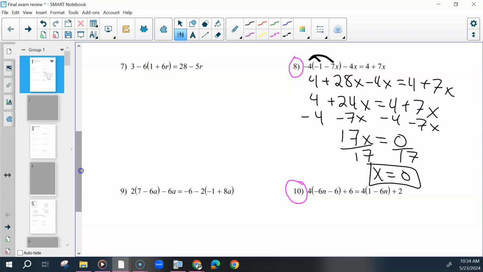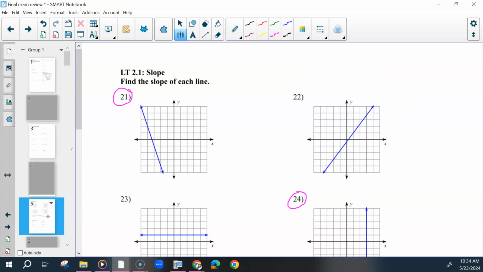If we go on to unit 2, point 1, slope, what questions do we have there?